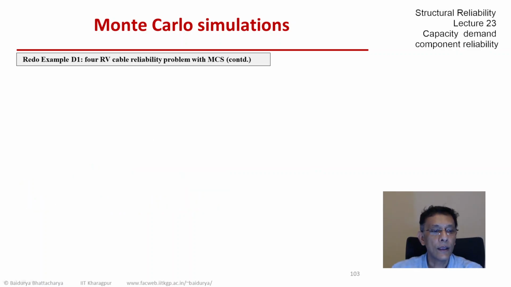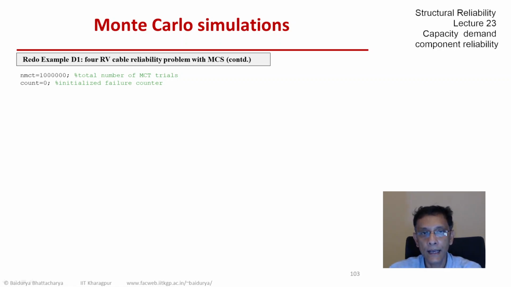Then we are ready to start the loop. We have 1 million trials once again here. We are going to change that and show how the results keep getting better. We initialize the count, we start the for loop, and then we generate the random variables one by one.